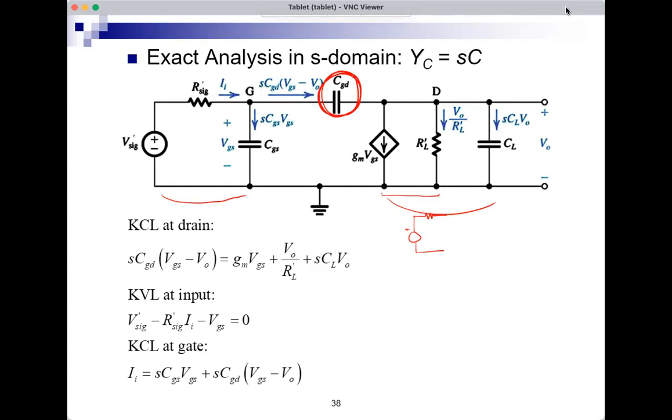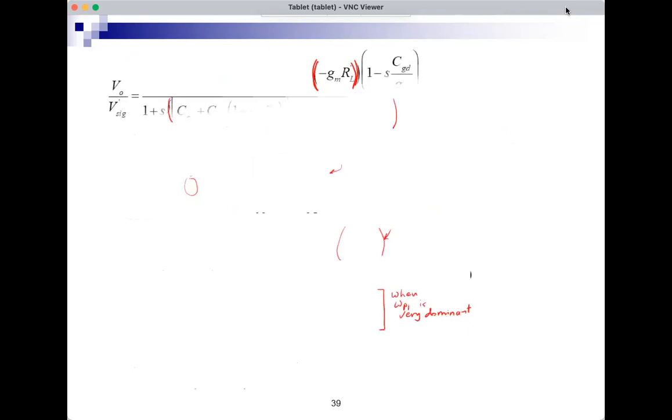Imagine the circuit without CGD, and then you will have two nice simple RC circuits. And we know how to analyze these low pass STC simple RC circuits. But because there is the CGD, I cannot do that. And I have to write all the equations and solve them and get scary formulas like this one.